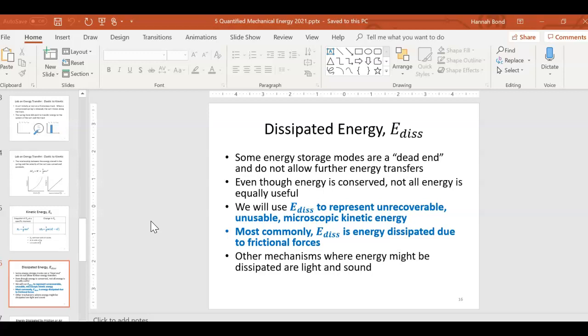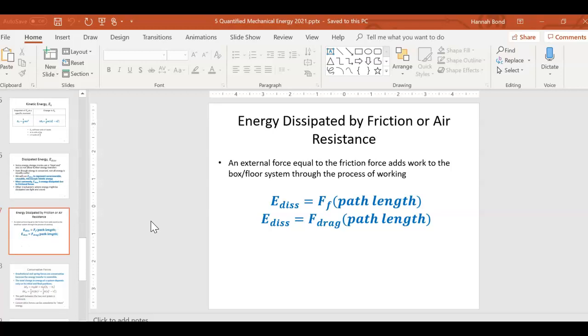Okay, usually this is due to frictional forces. It can also be due to air resistance or loud noises, the creation of light, things like that.